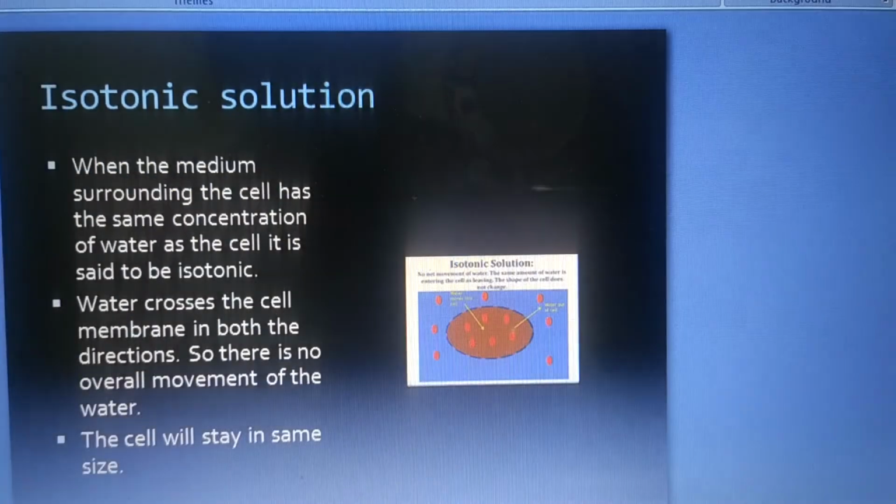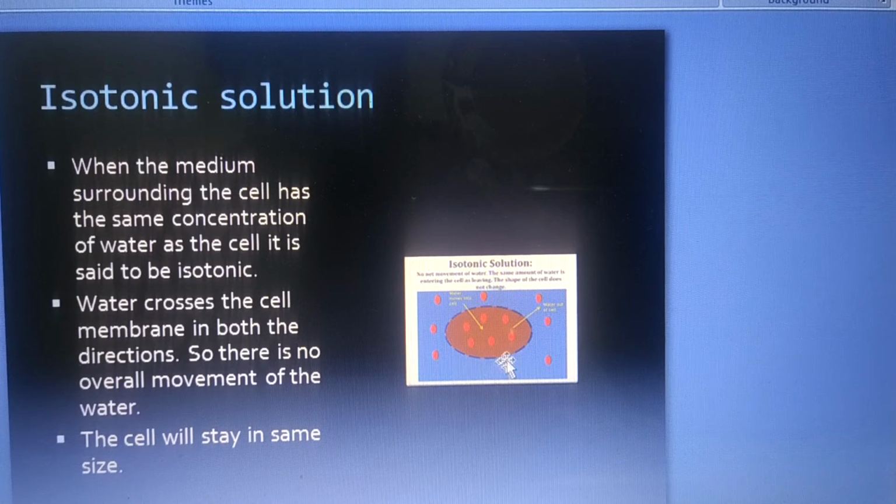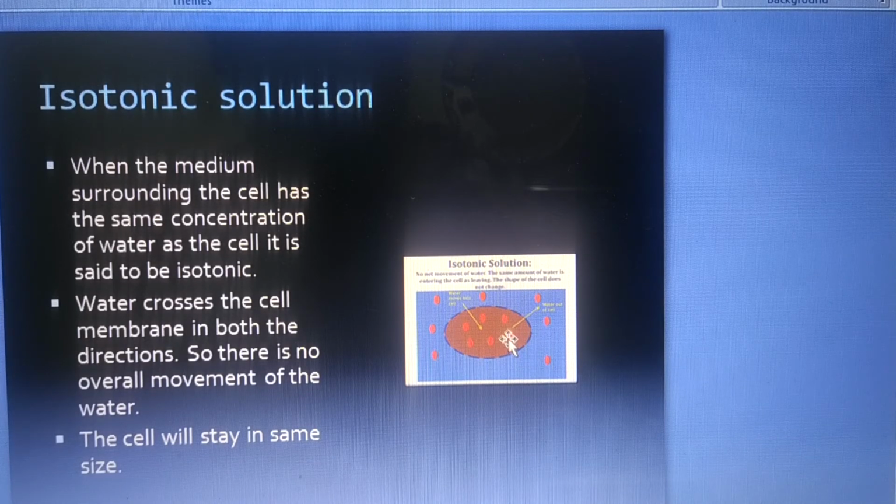The next solution is the isotonic solution. In this isotonic solution, the concentration of water outside the cell and inside the cell is the same. Both the solutions have equal concentrations of water, outside the cell and inside the cell.